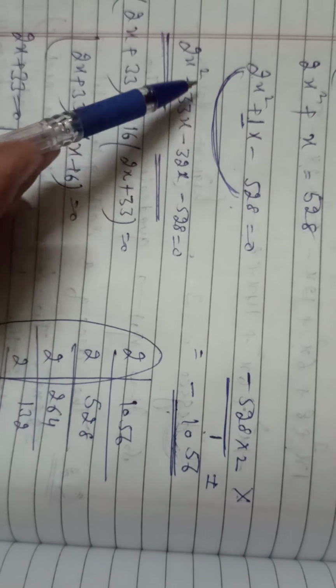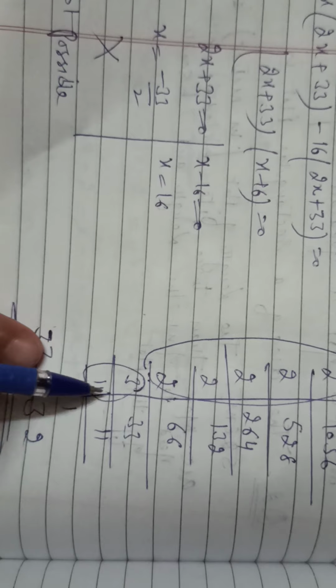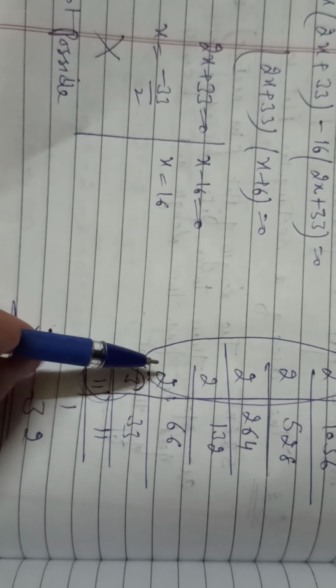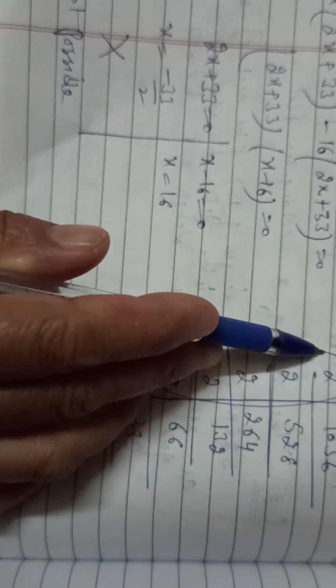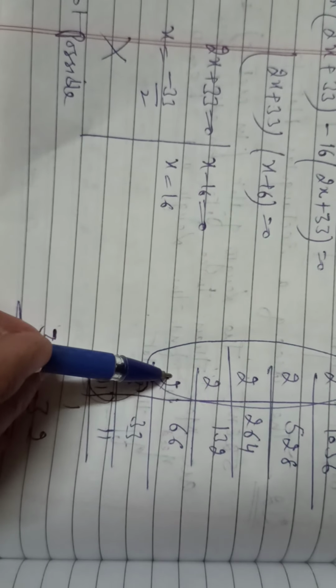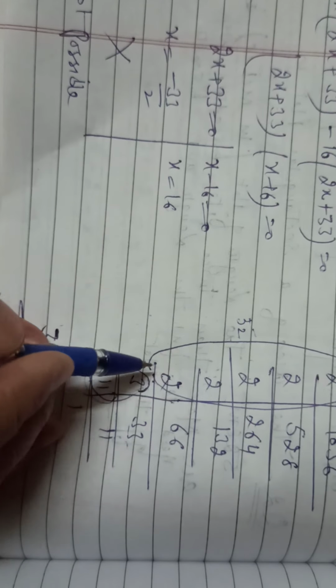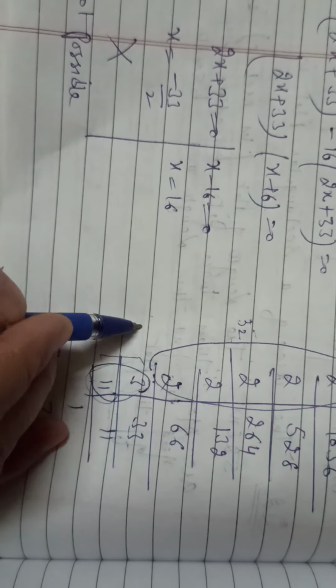Just look carefully. 3 into 11, 33. 2, 2, 2, 2, 2. 2 to the 4, to the 8, to the 16, to the 32. Now this product comes out to be 32, and this product comes out to be 33.